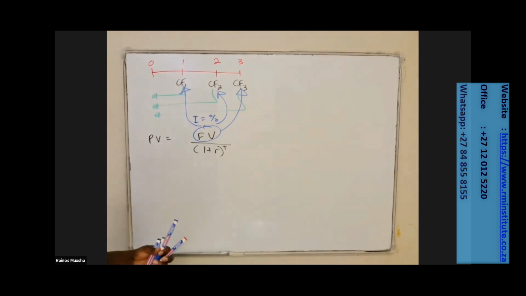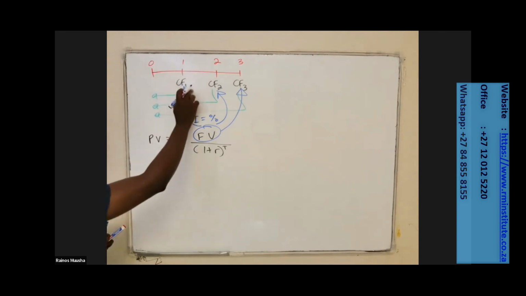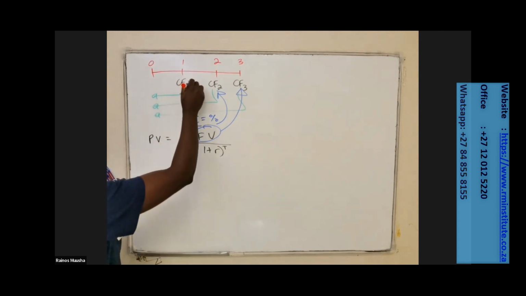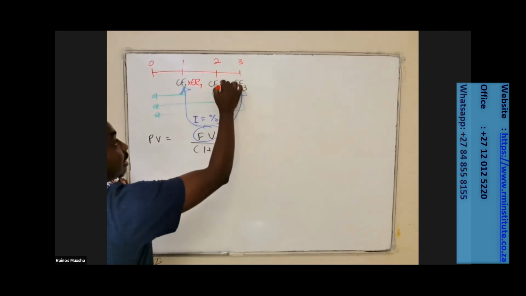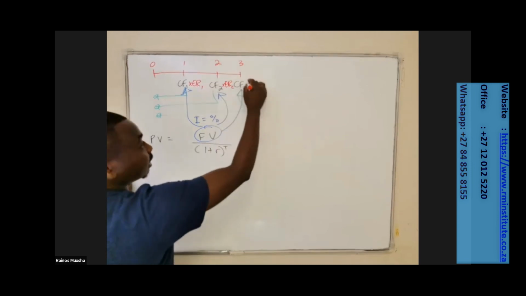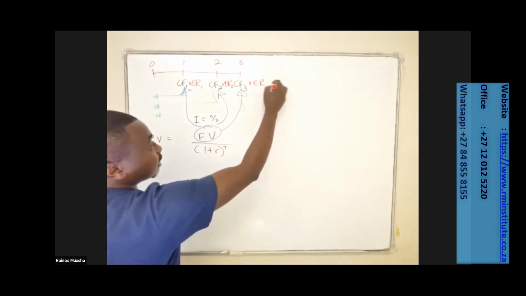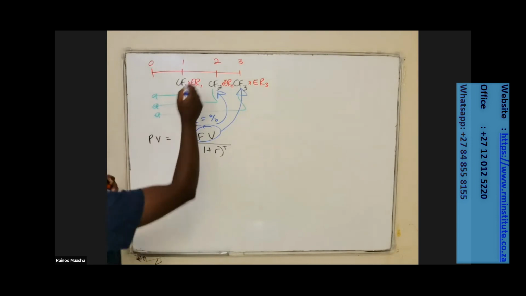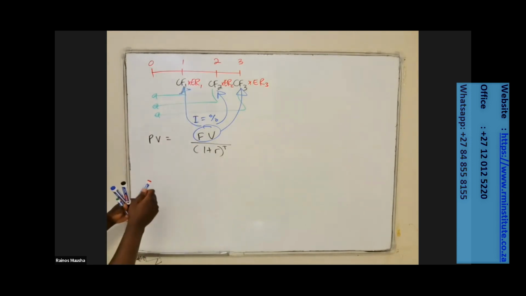But when it comes to a foreign subsidiary or foreign operations, the cash flows are going to be in foreign currency, which means these cash flows have to be multiplied by a certain exchange rate that you have to estimate for year 1, a certain exchange rate for year 2, and a certain exchange rate for year 3. This will give you the equivalent domestic cash flow.